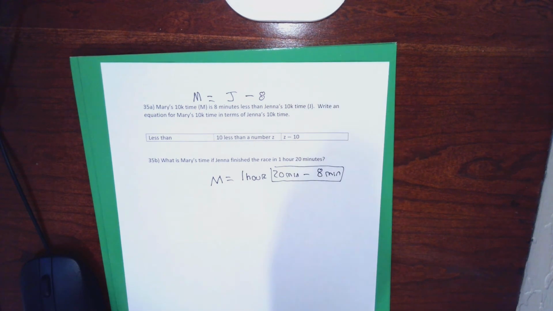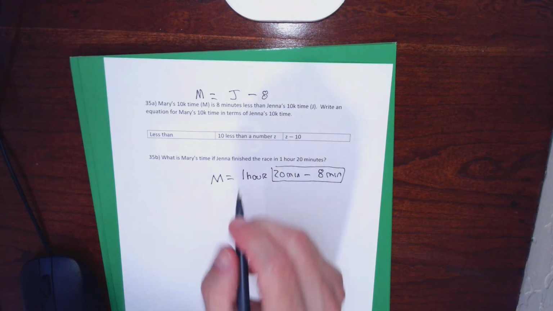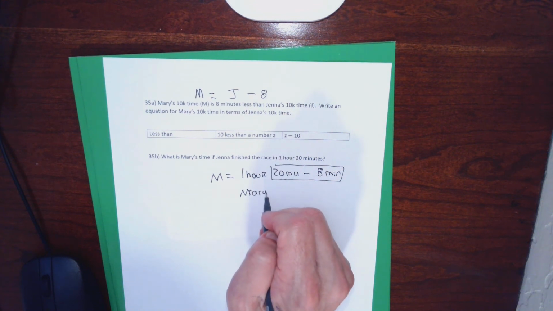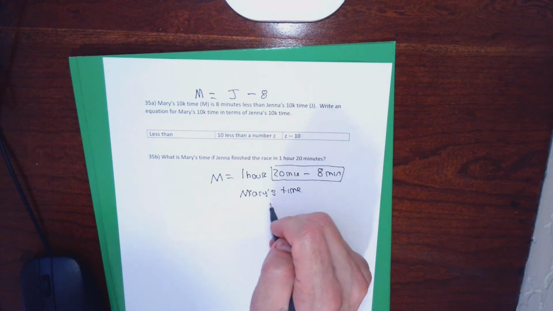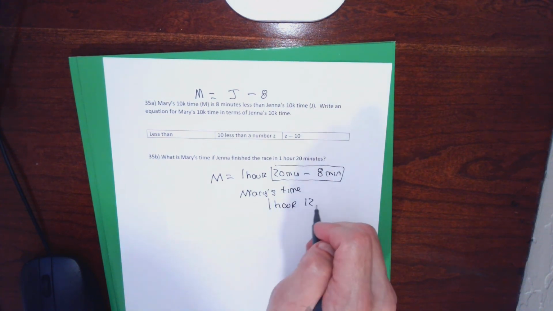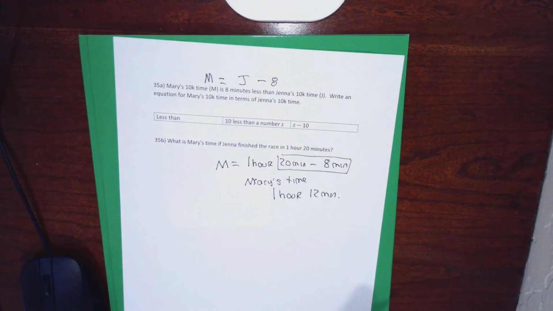I'm just going to subtract the minutes because the hour part's not going to be impacted by the subtraction. I'm just taking the 20 minutes over an hour, subtracting the 8 minutes, and Mary's time will be 1 hour and 12 minutes. Alrighty, so I'm going to pause and do a part 3.